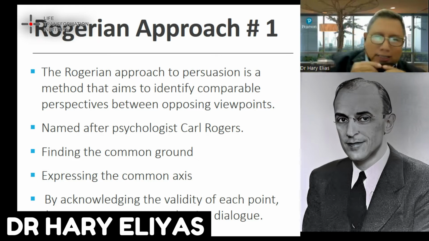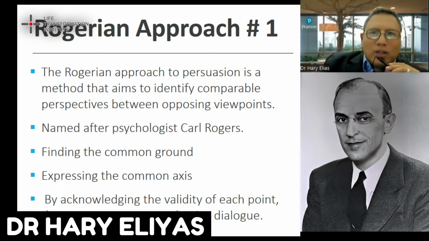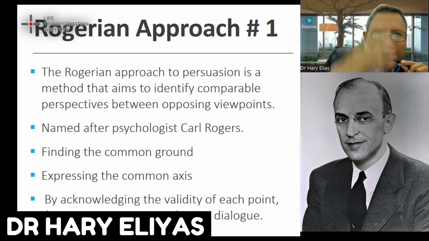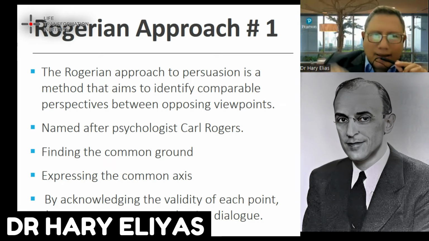He's a psychologist. And in this Rogerian approach, the method is to identify comparable perspectives between opposing viewpoints. Saya mau hitam, dia mau cat putih. We try to paint the wall gray, a middle ground.